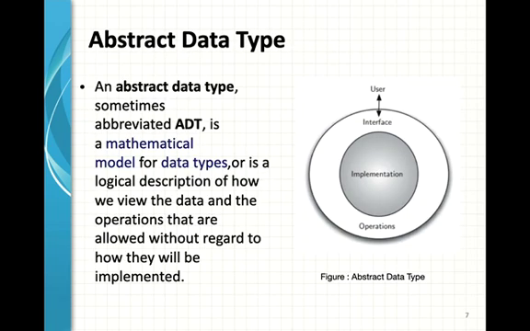Abstract data type. An abstract data type is a very important concept for data structures, actually for the entire computer science. Now, what is abstract? Abstraction means we are unaware of the actual implementation.